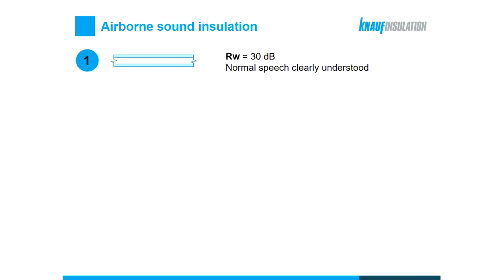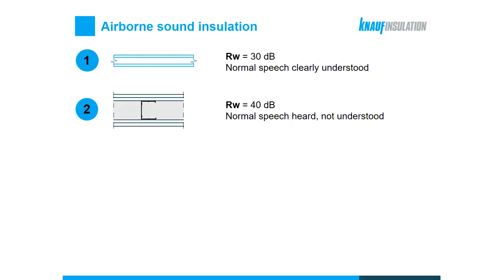Now, if we change this wall and we build a better one, which has the Rw of around 40 dB, which corresponds to a basic drywall without the mineral wool inside, we can still hear the same conversation, but we would struggle to understand it this time. So this level of insulation is usually considered as the basic for the office space.